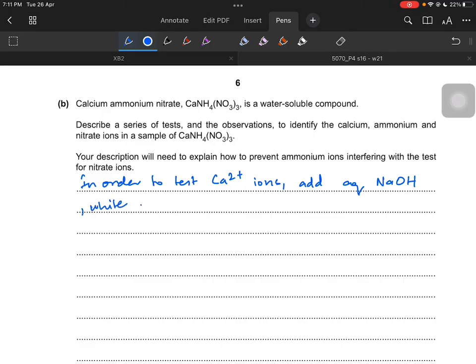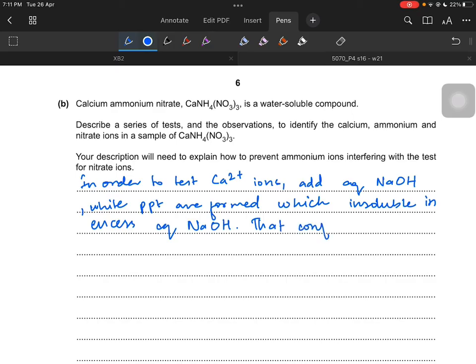White precipitates are formed, which are insoluble in excess aqueous sodium hydroxide. That confirms the presence of calcium ions.